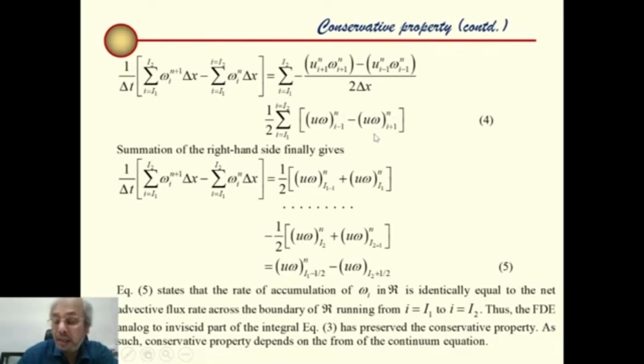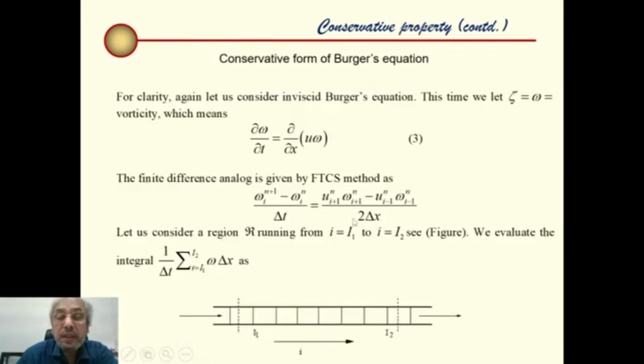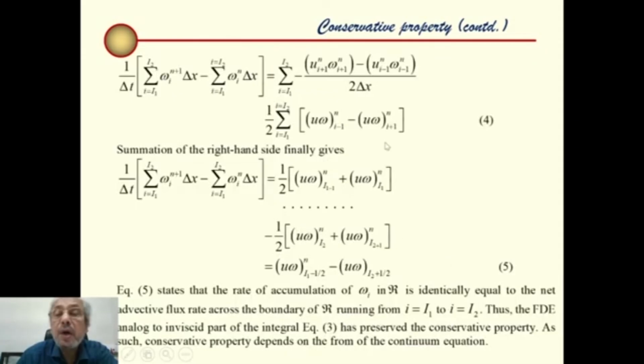So it will run over this control volume, from I minus 1 up to I plus 1.